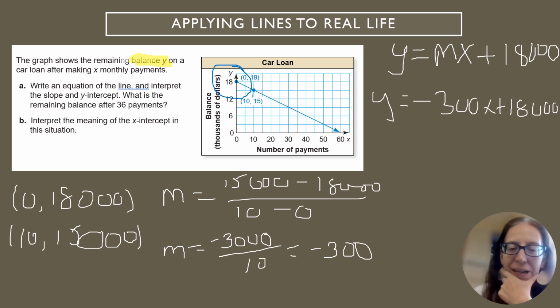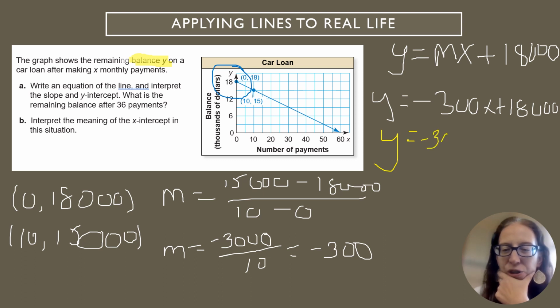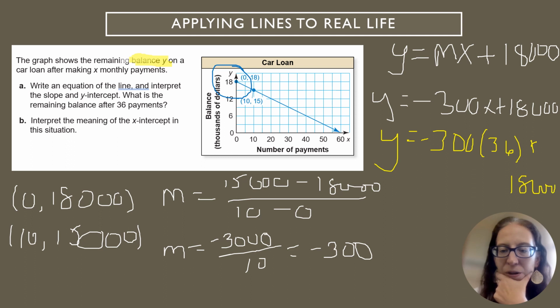If you need it accurately done, then what you would do is take your equation and plug the 36 in for the x. That's really messy. Negative 300 times 36 plus the 18,000, which I do not know off the top of my head, but I've got a bunch of calculators sitting here.